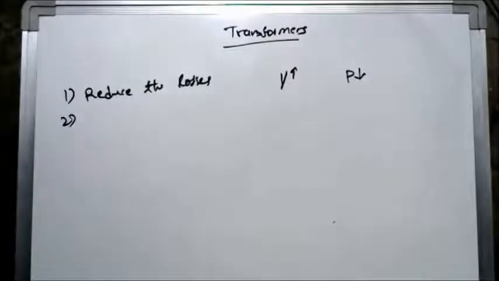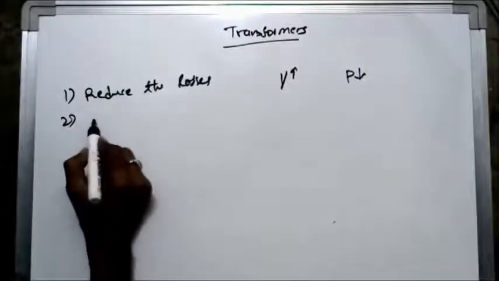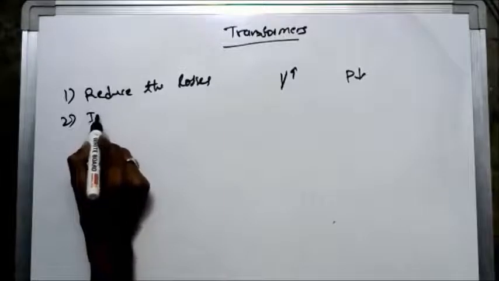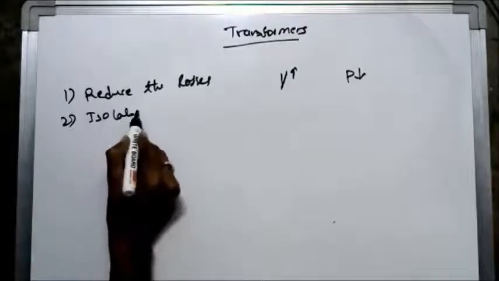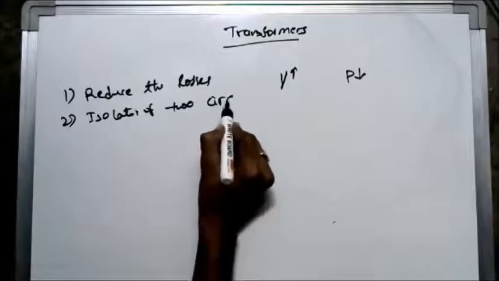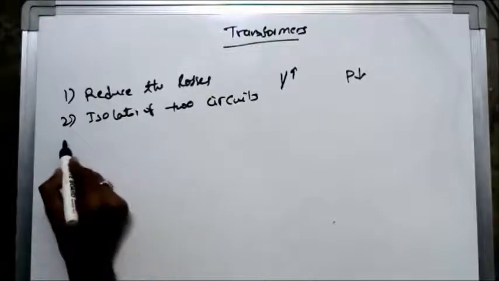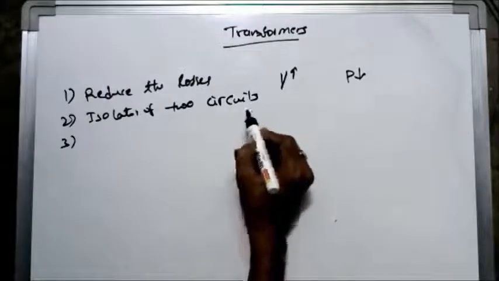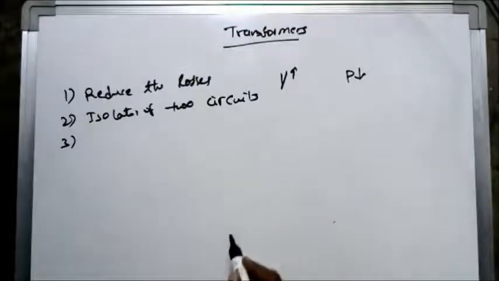Second one, it can be used to isolate the primary and the secondary winding, because a transformer is a device which has two windings without any electrical connection between them. So it is used as an isolator of two circuits. Consider a transformer coupled amplifier.